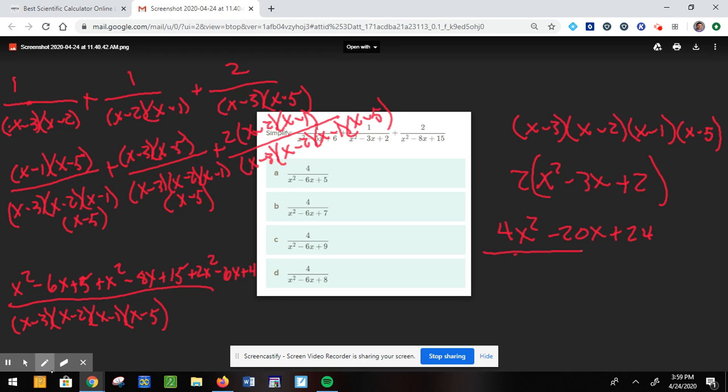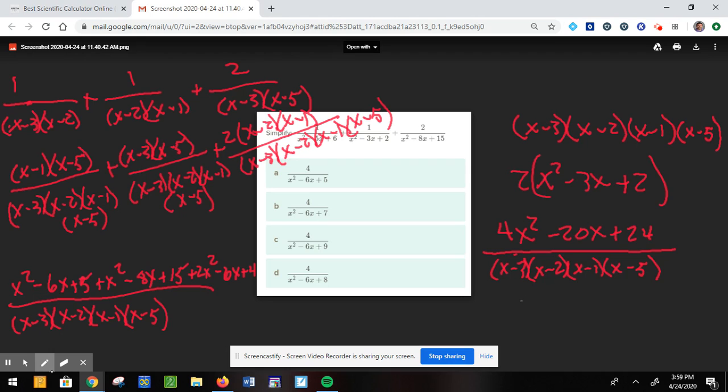All of that is still over that common denominator. Obviously, it doesn't look like any of your answers yet, but what you can do is still factor the numerator. First thing I noticed is there's a common factor of 4.